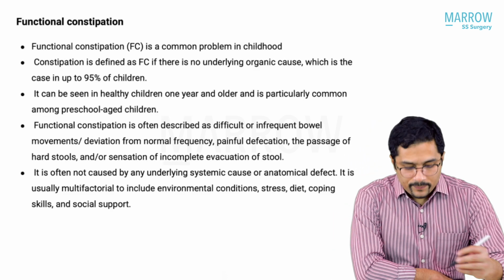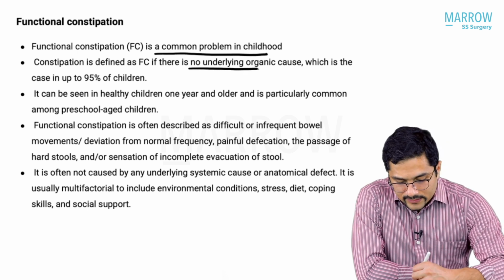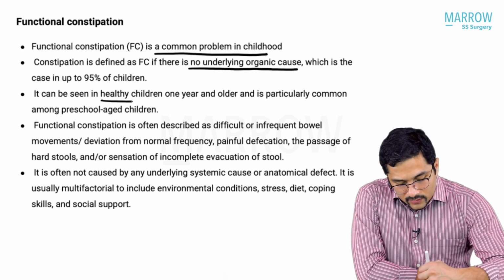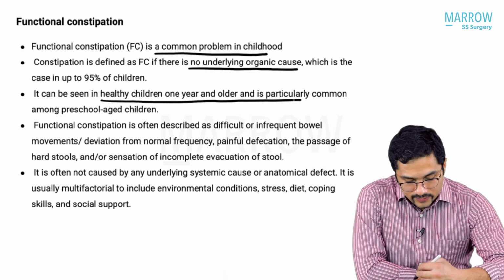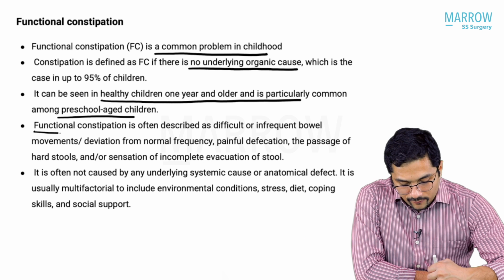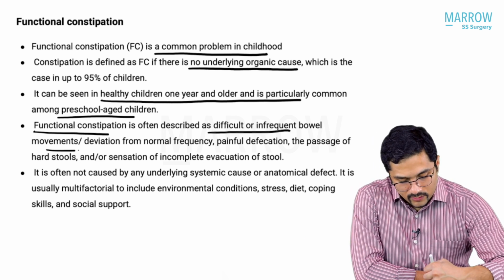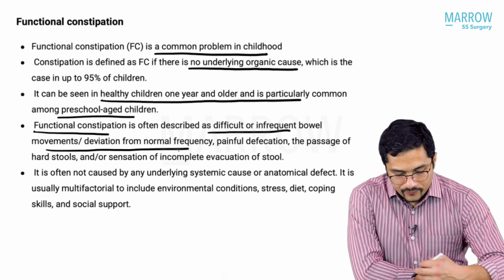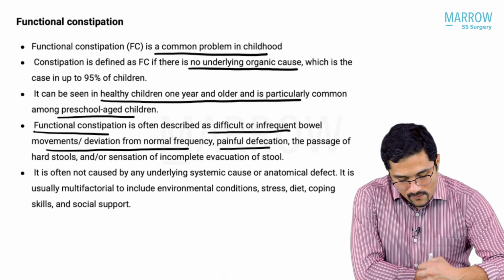Functional constipation is a common childhood problem, and it is when there is no underlying organic cause. It can be seen in children 1 year or older than that, particularly common again in preschool age children. In functional constipation, there will be difficult or infrequent bowel movements and there is deviation from normal frequency, painful defecation or passage of hard stools.